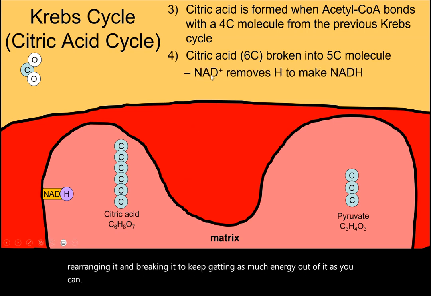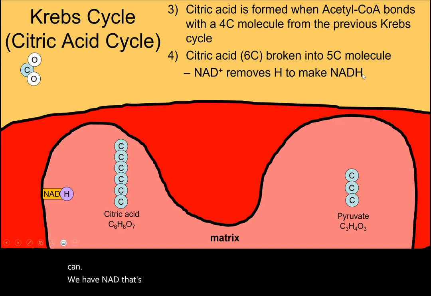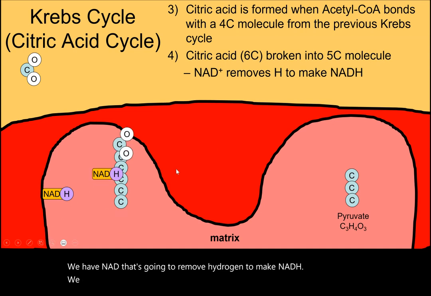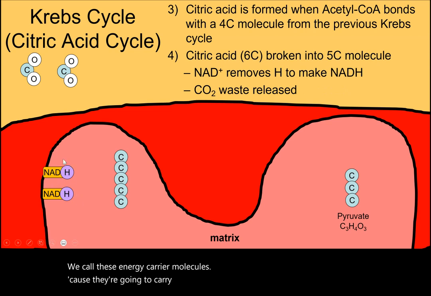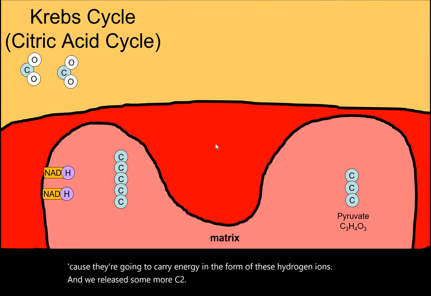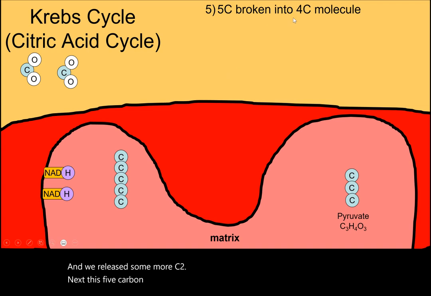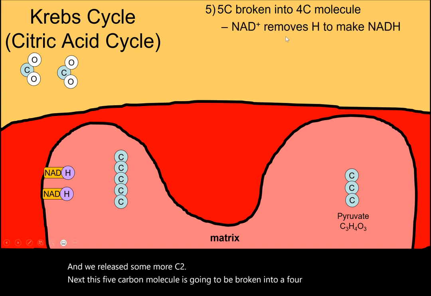We have NAD that's going to remove hydrogen to make NADH. We call these energy carrier molecules because they're going to carry energy in the form of these hydrogen ions. And we release some more CO2. Next, this 5-carbon molecule is going to be broken into a 4-carbon molecule.